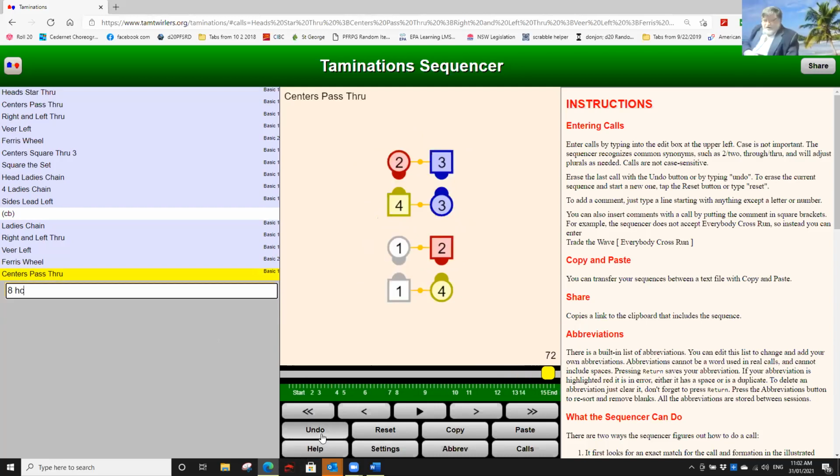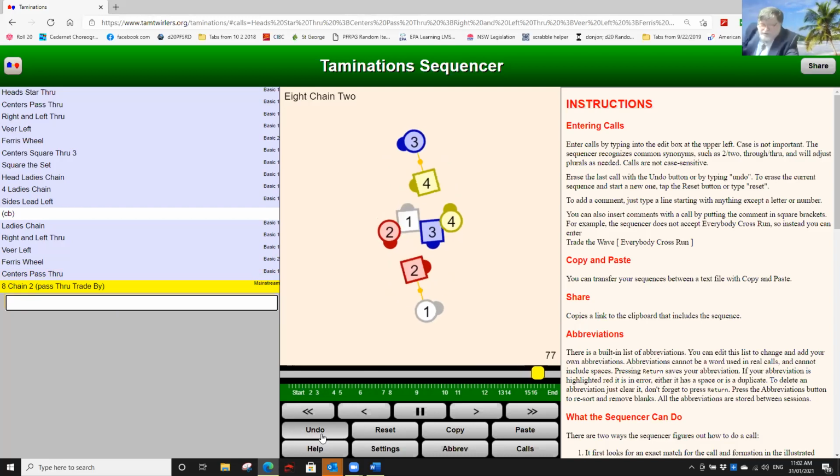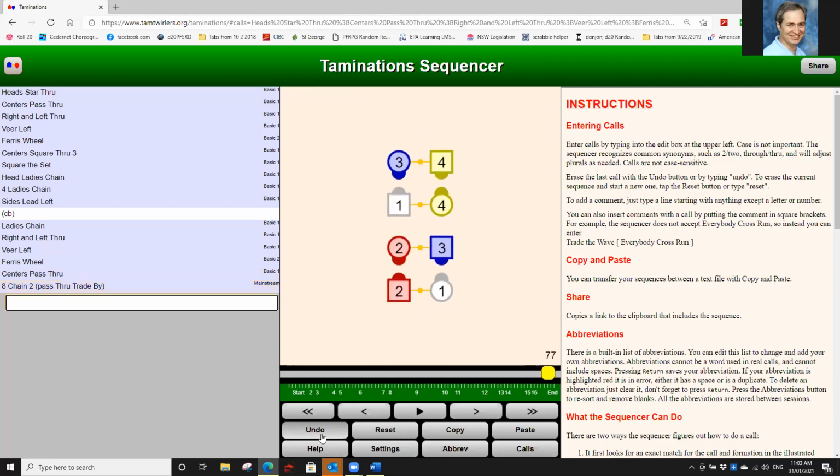Pass through, trade by. Same thing. Okay, this phaser is exactly the same as the other phaser. It's a technical equivalent.